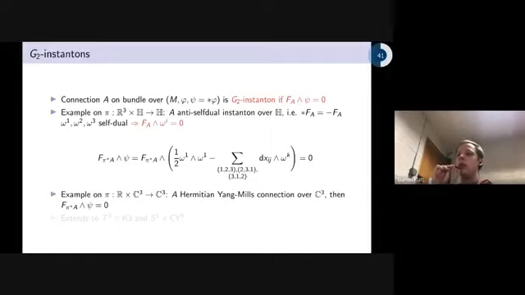Similarly, if you pull back Hermitian-Yang-Mills connections, you also get G2 instantons. And as before, this linear algebra carries over to the product manifold case. So if we have an ASD instanton on a K3 surface, and we pull it back to T3 times K3, then we have a G2 instanton on T3 times K3.